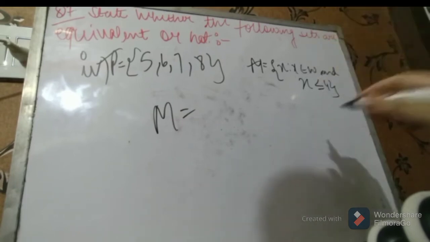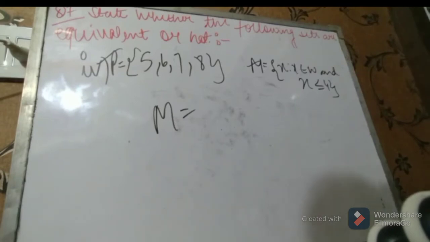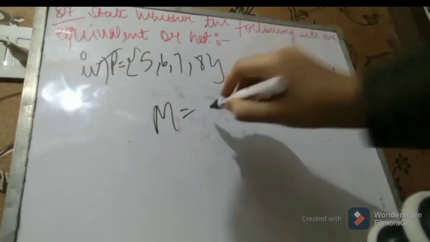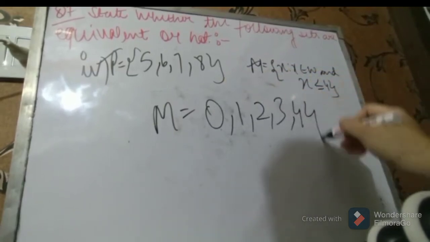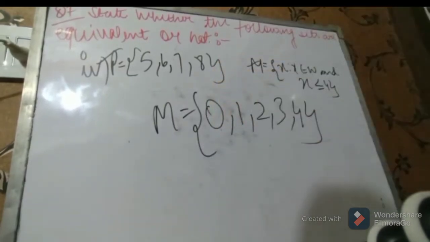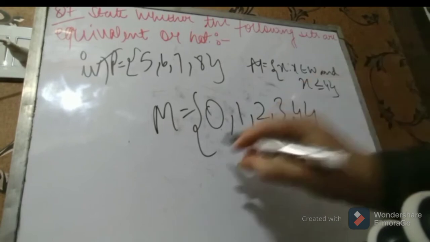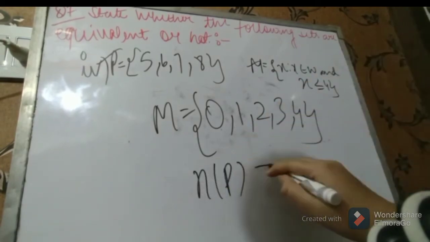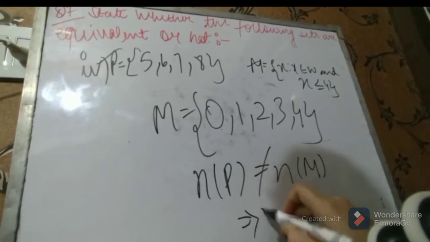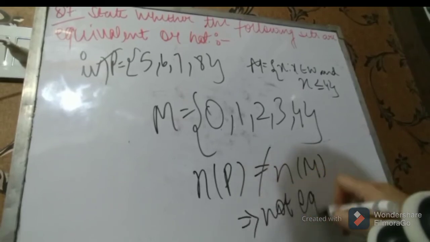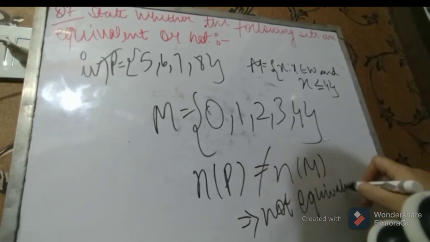It also includes 4, since x is less than or equal to 4. So whole numbers that are less than or equal to 4 are these. The set P consists of 4 elements and the set M consists of 5 elements. The cardinality of set P is not equal to the cardinality of set M. This implies that they are not equivalent sets.